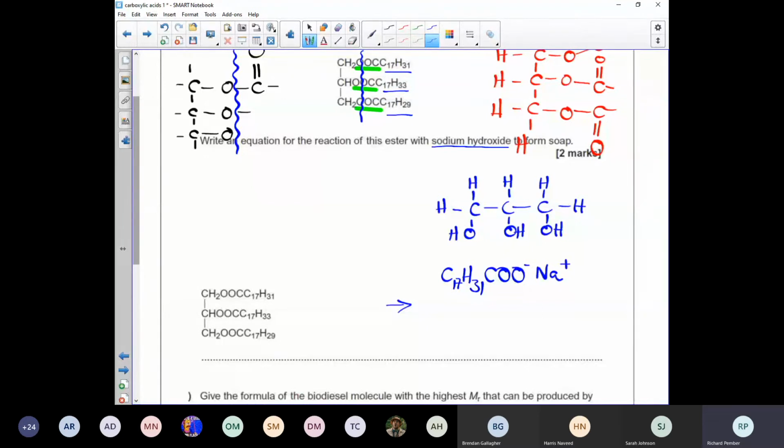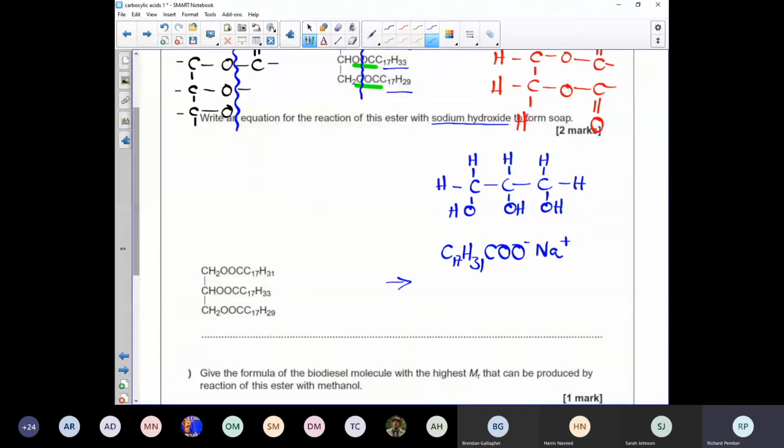So that's the first of my soap molecules, and then I've got one with 33, C17H33, again, COO minus, Na plus, and then the final one with even fewer hydrogens, so probably a couple of double bonds in this one.